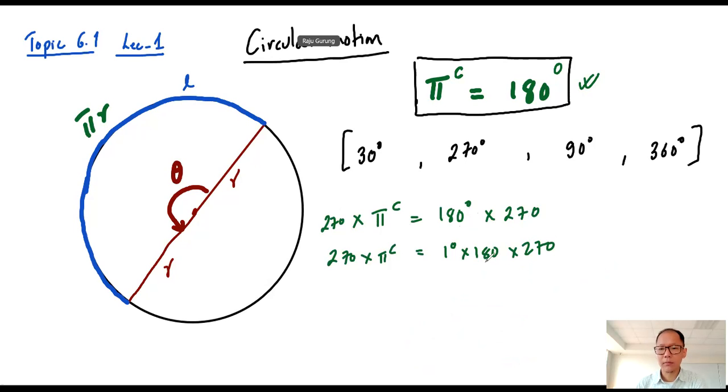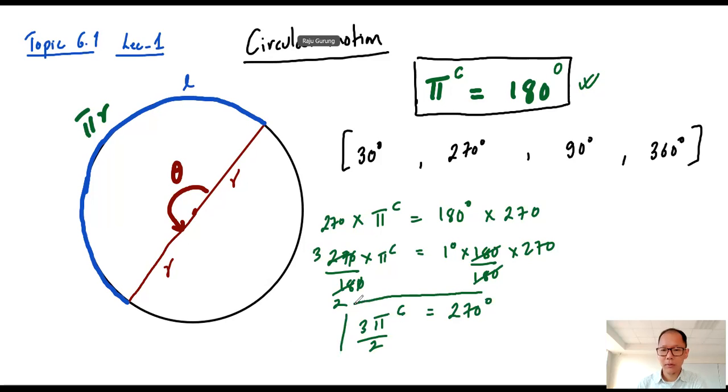Now, because I don't need the 180 on the right side, I will divide both sides by 180 here. So I can cancel these two, numerator and denominator, because they're the same. On the left side, then I have 270 degrees, right? Now I can cancel this to simplify to 3 pi over 2 radian.